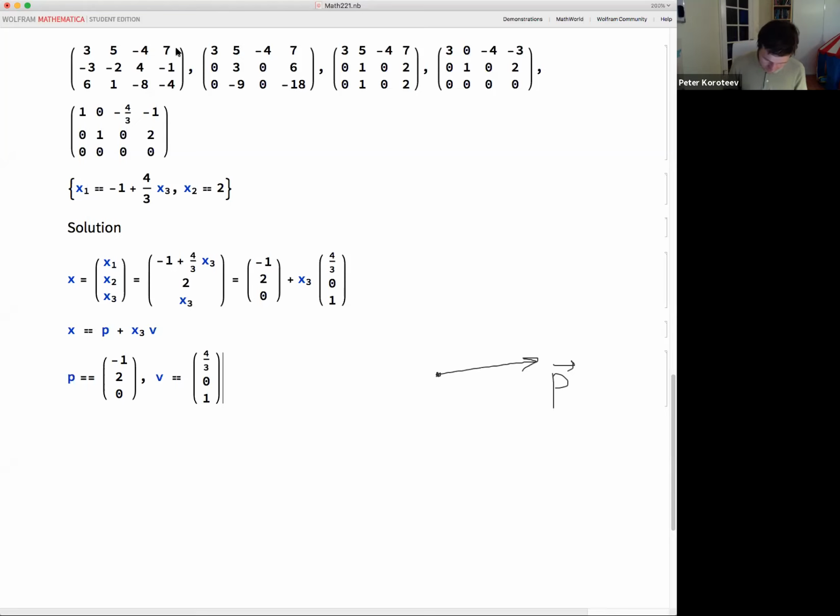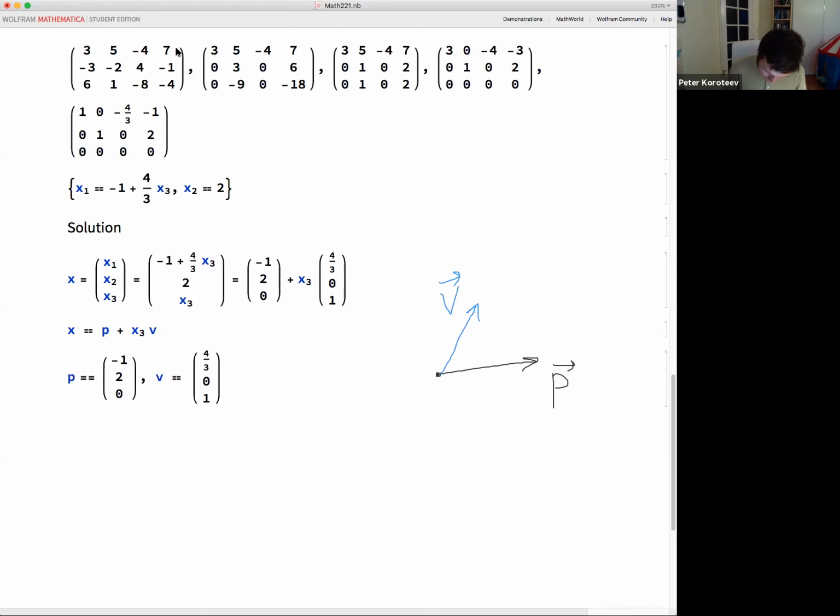So we have a vector p here, and then vector v. See, these two vectors are not parallel to each other, right? They clearly look different. And then say vector v goes like that. So we can multiply v by any constant, for example, any number, say x3.